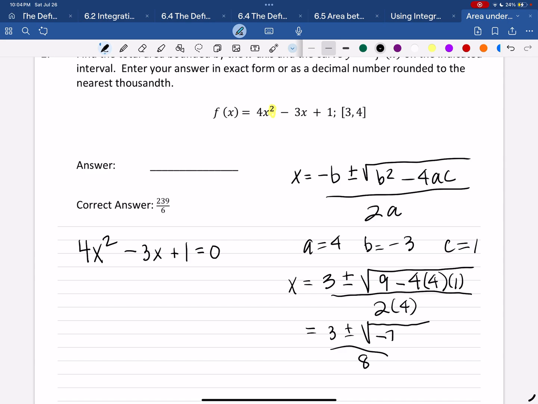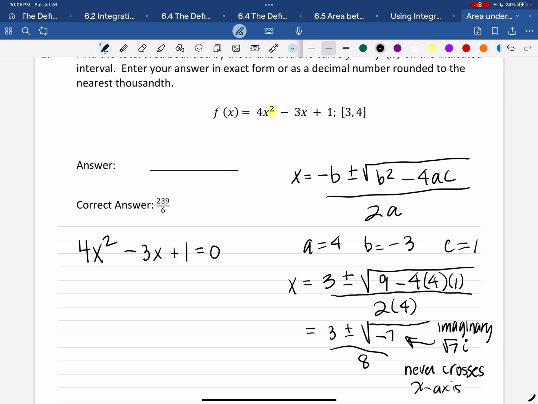And already I see that this is an imaginary or complex answer, because the square root of a negative is imaginary. That means that this particular parabola never crosses the x-axis, because its zeros are imaginary.